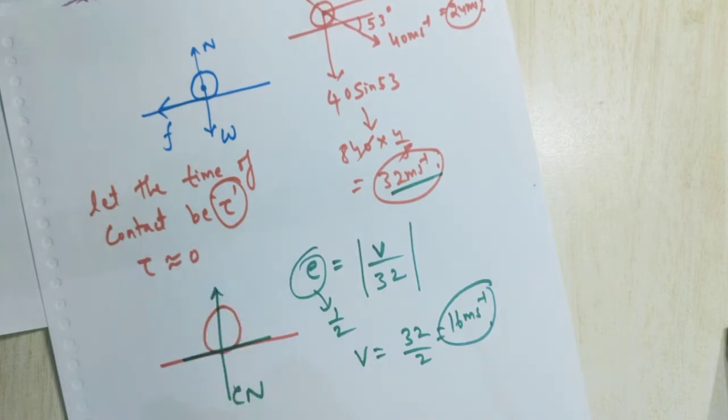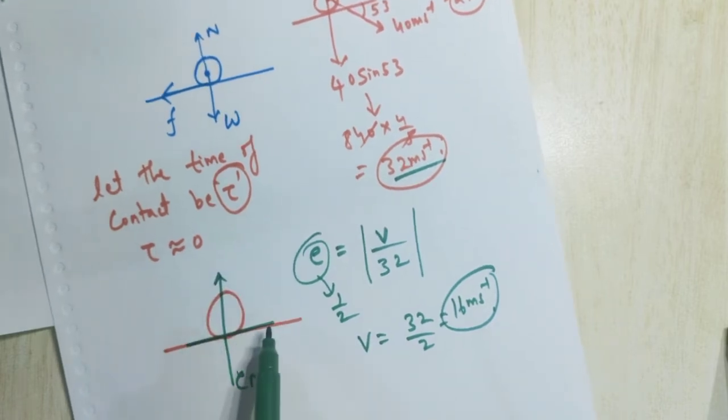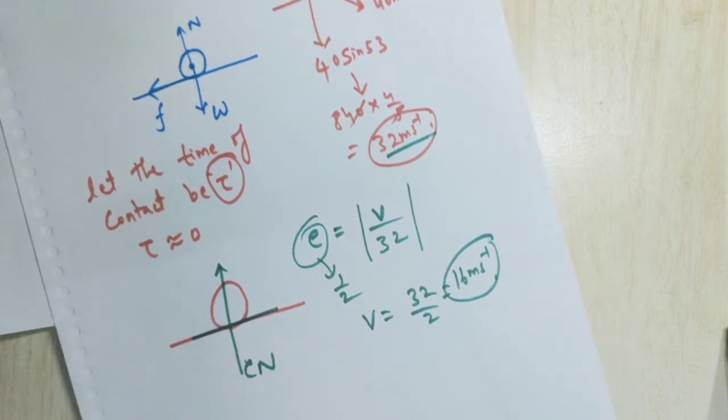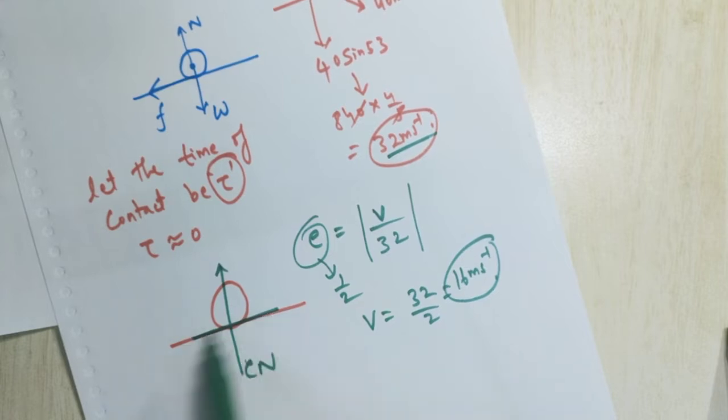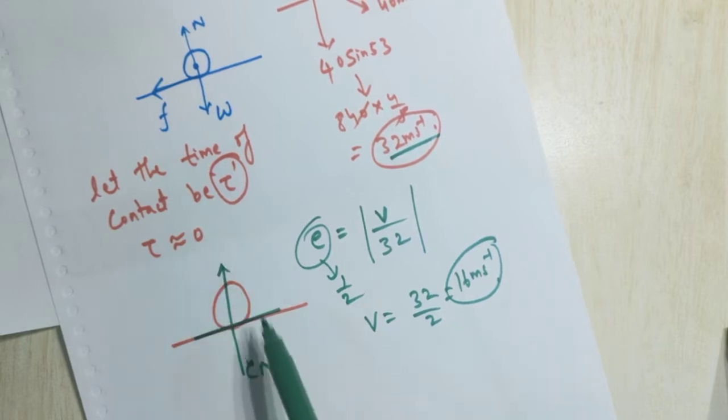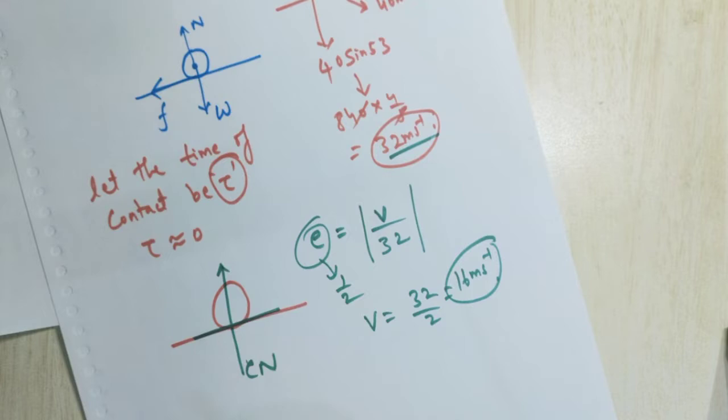Now let us discuss the velocities along common tangent. Generally, we study that momentum is always conserved, momentum of the individual bodies, not the system. The momentum of the individual bodies is also conserved along the common tangent. And along the common normal, momentum of the total system is conserved. But here you cannot say that individual velocities will remain the same along the common tangent. Why?